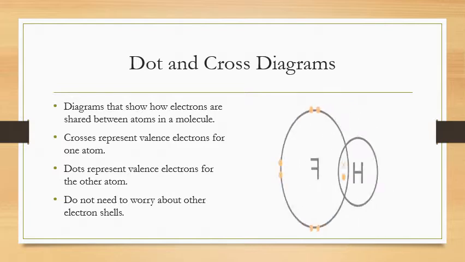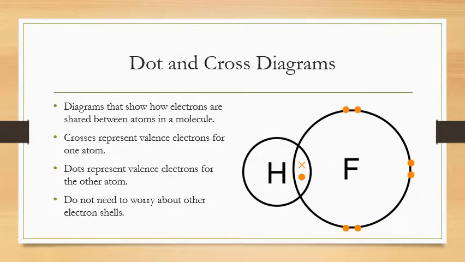So let's look at an example of hydrogen fluoride. Okay, so you can see from the dot cross diagram that the hydrogen is sharing a single electron, represented by this cross, with the fluorine atom, which is also sharing a single electron.